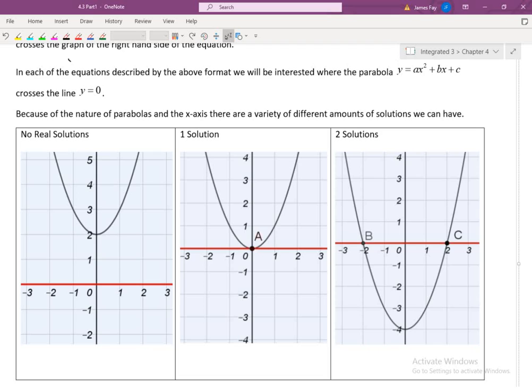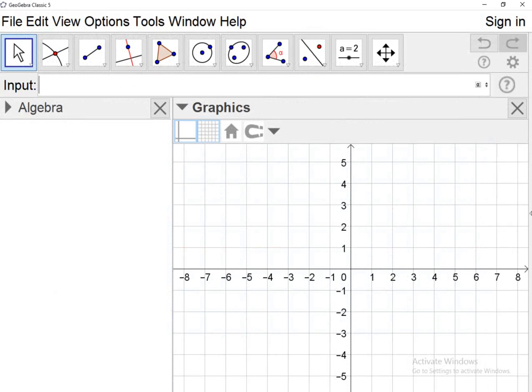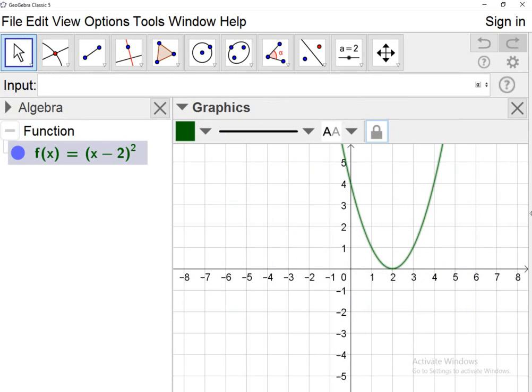So if we have a graph like this, there we see we're just touching the x-axis at 2, right? When we go through the algebra that presents that 2 to us, we will actually see that answer show up twice for us.